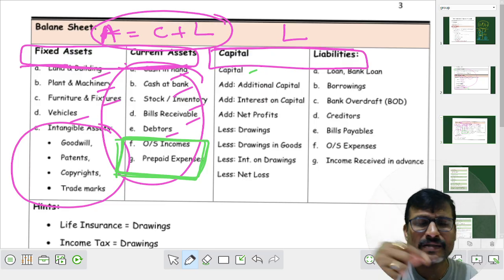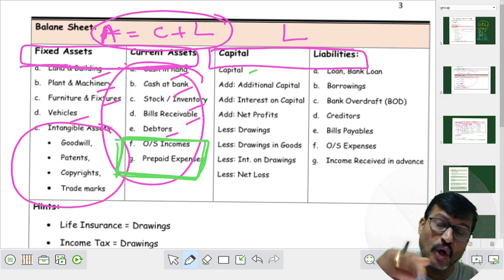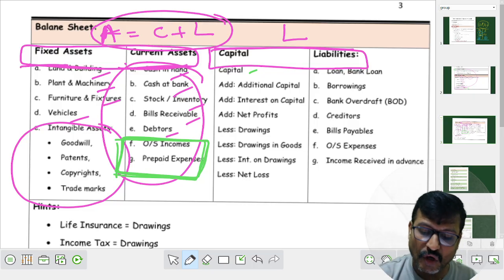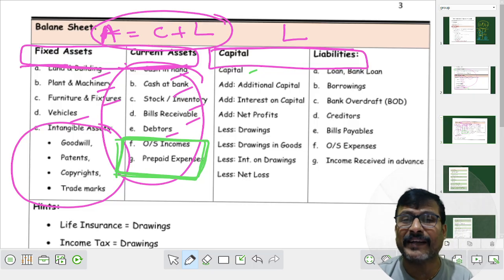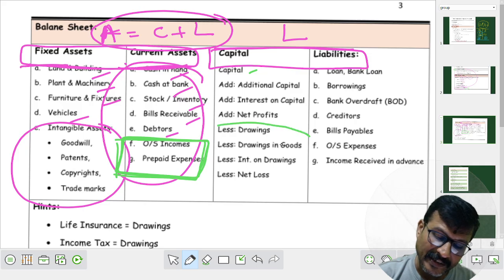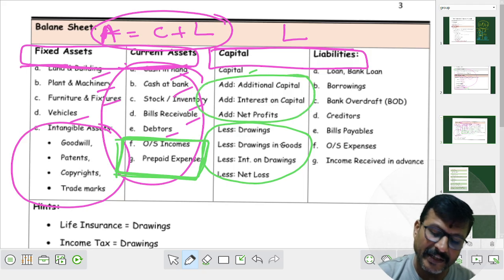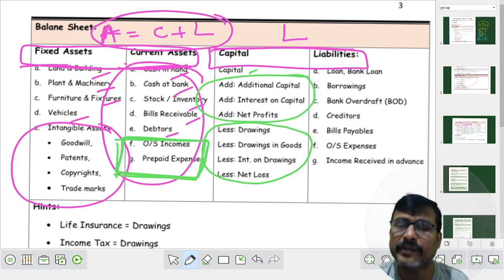Subtract the drawings, subtract the drawings in goods, subtract the interest on drawings, even subtract the net loss, because they are going to reduce your capital balance. See, I clearly mentioned, I clearly typed.